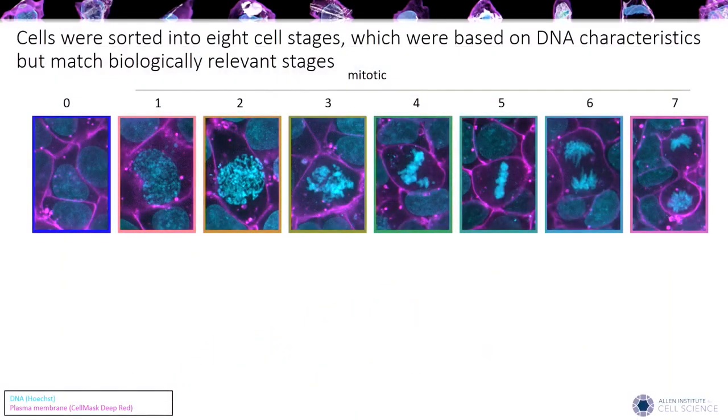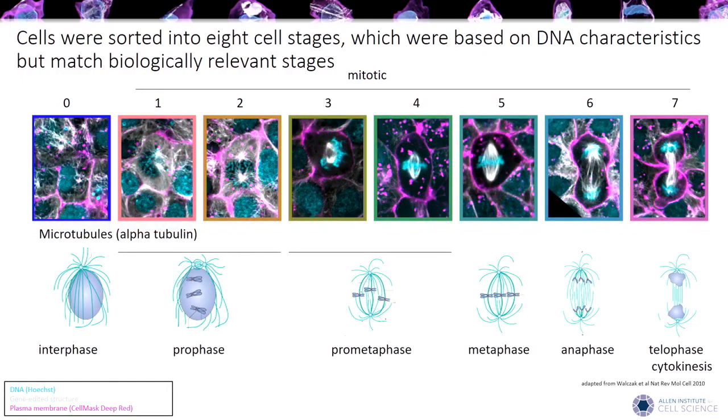To do so, we sorted all our images into 8 cell stages. Those cell stages were based solely on DNA characteristics. But when we used images from our tubulin tagged cell lines and sorted them into the cell stage categories, we can see that they match biologically relevant cell stages.